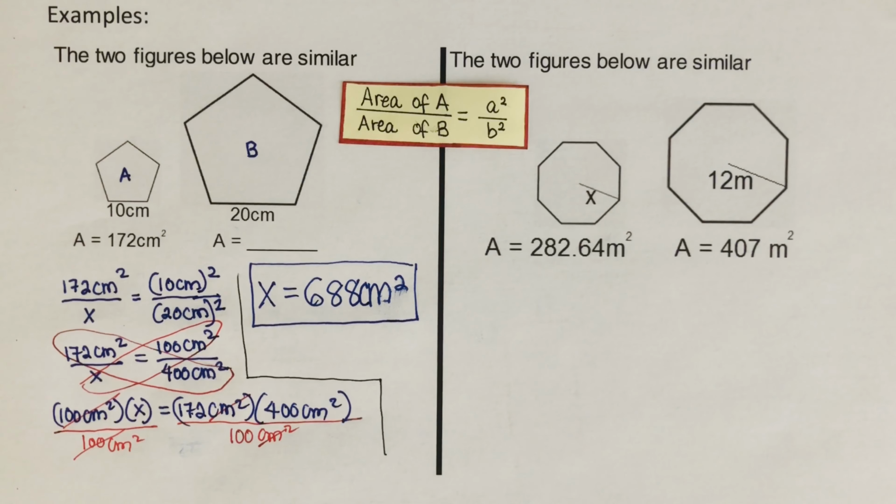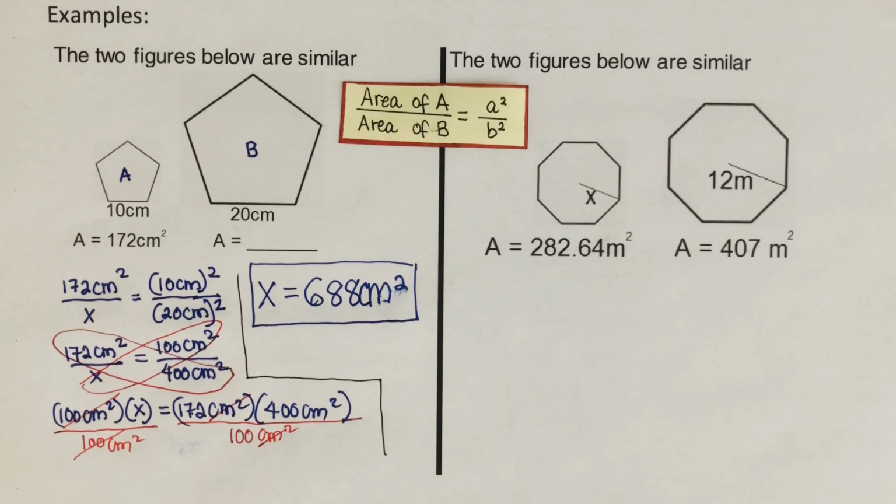So these two are partners. Then from here, we can divide both sides by 407 meters squared. So we can cross this out. We can cross meter squared and meter squared. Then I'm going to show the work up here.